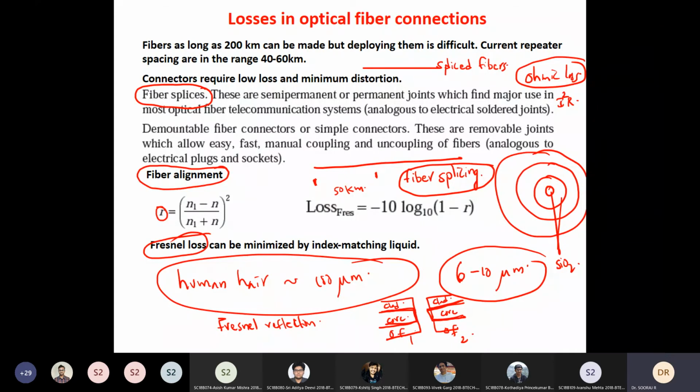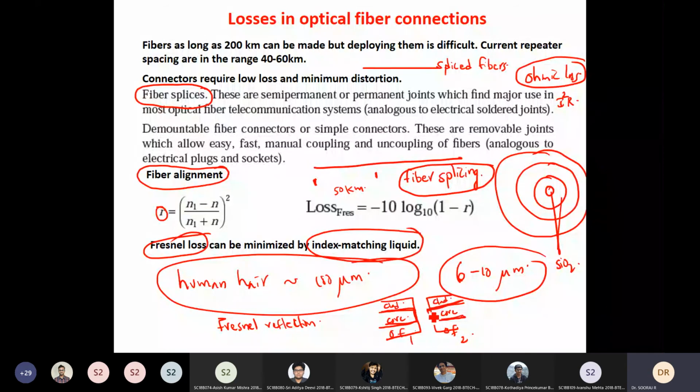When you join two optical fibers, you can also place the two optical fibers and fill the gap between them with what is called an index matching liquid, that is, a refractive index matching liquid.